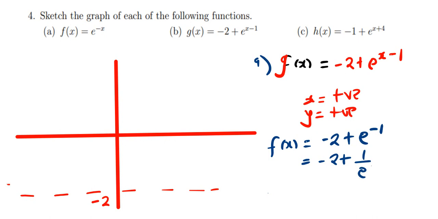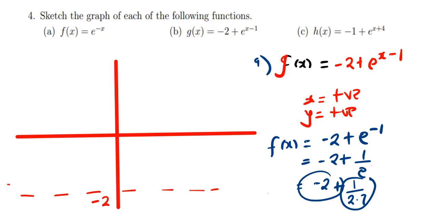Now e is like 2.7, that's Euler's number. So if we say negative 2 plus 1 over 2.7, this will give us a 0 point something, and that's 0 point something minus 2.